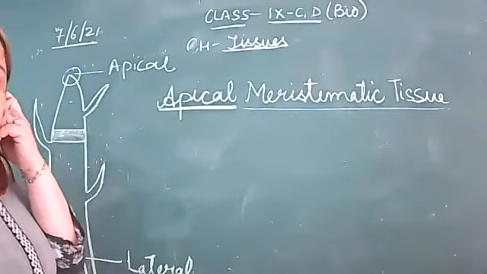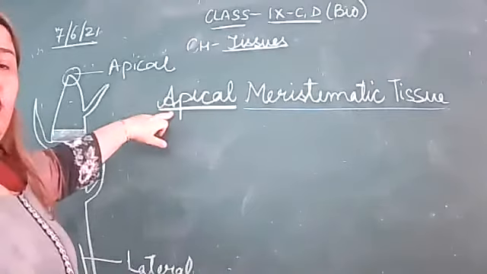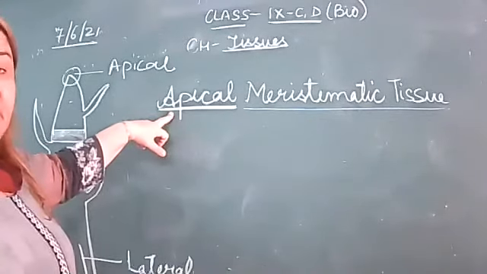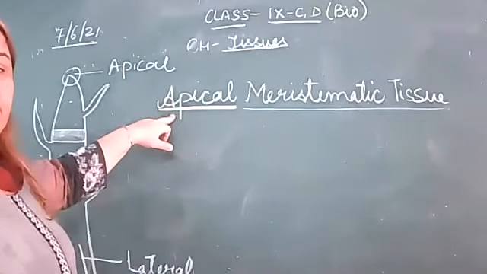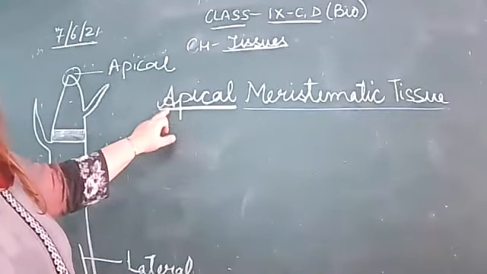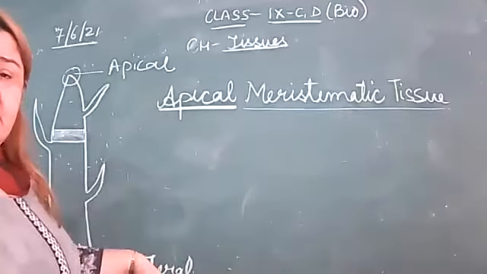Apical meristematic tissue, right, bete? The word apical is derived from the word apex, that means tip. That means it is present in the growing tips of the stem as well as the roots.